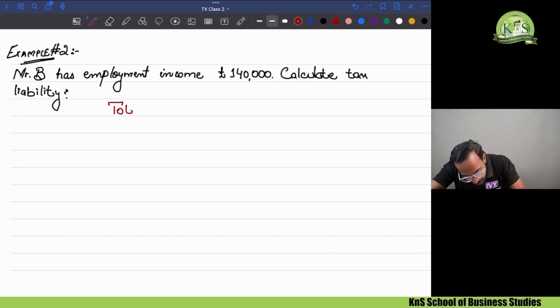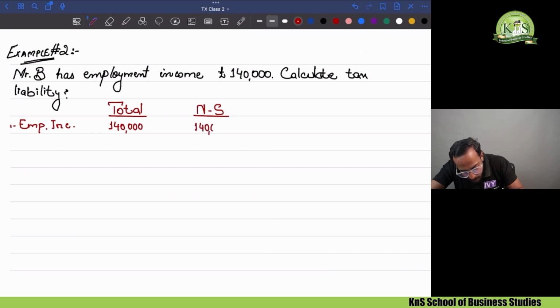Now just make a column total, then non-saving. You have employment income, that is 1,40,000. So this is your total income. Got it?